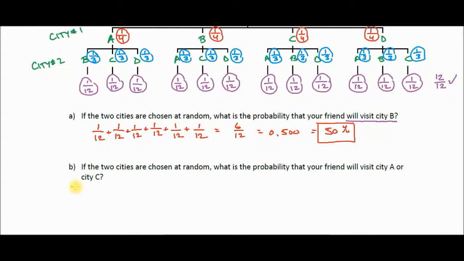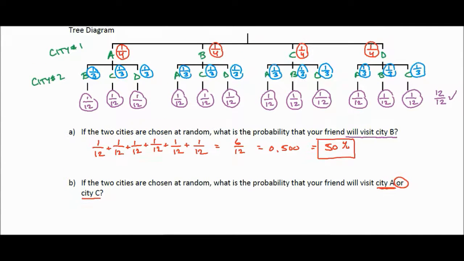Next question, if the two cities are chosen at random, what is the probability that your friend will visit city A or city C? That means either A or C will make me happy. I got to find every branch, class, that has either city A in it or city C in it.